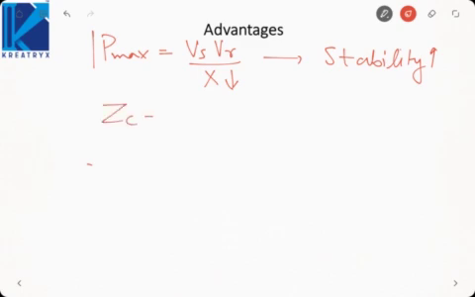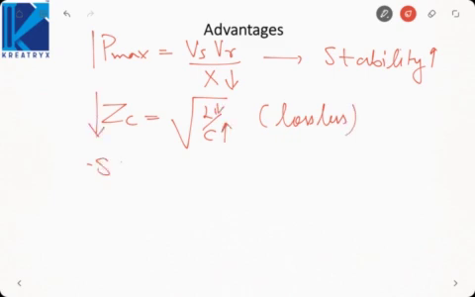Next we will derive Zc. Characteristic impedance is root of L by C for a lossless line. Now inductance decreases, capacitance increases, so Zc reduces. Zc defines some other term, that is SIL, that is surge impedance loading. Zc is also called as surge impedance.